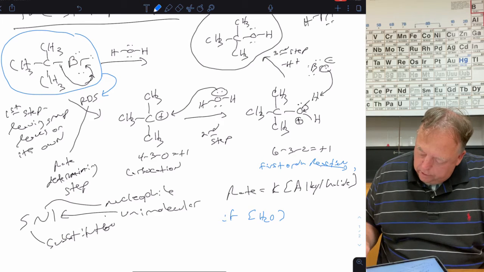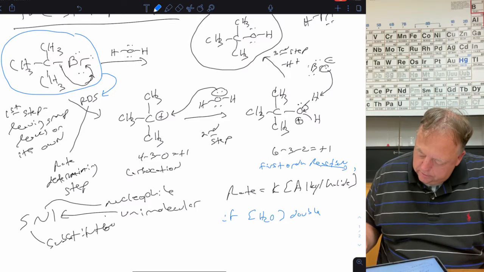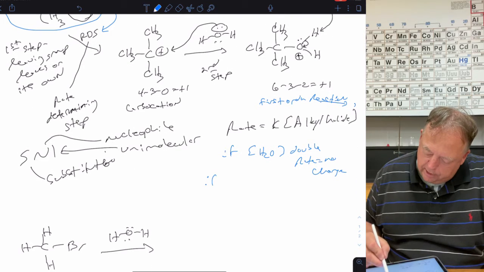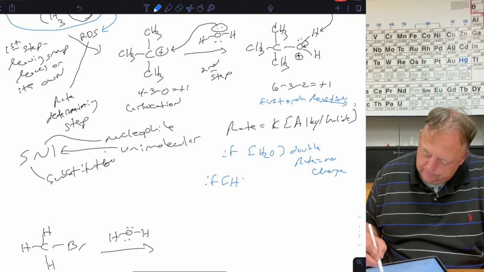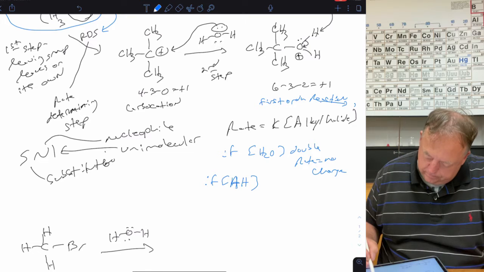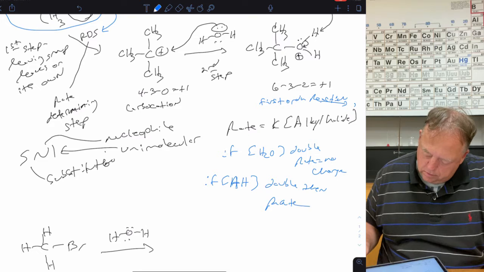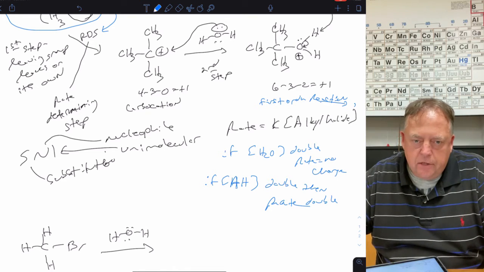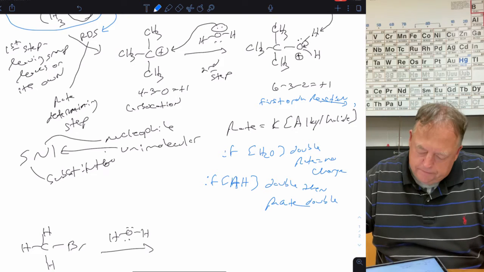So if you take the water concentration and you double it, then the rate is not changed. If you double the concentration of the alkyl halide, then the rate would double. If you tripled the concentration of the alkyl halide, the rate would triple, right?